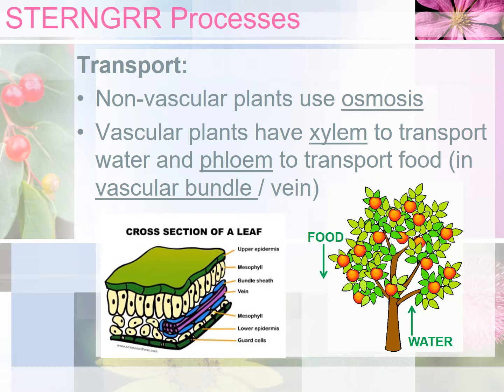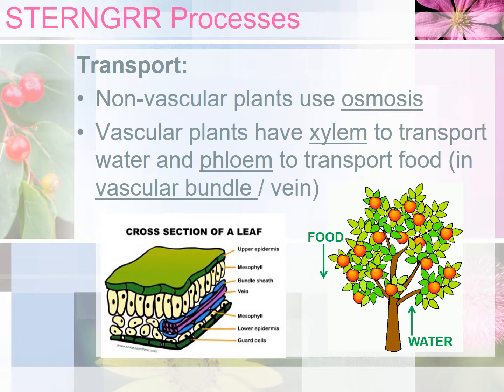Now, vascular plants, they have what's called xylem and phloem. Okay, xylem transports water, and phloem transports food. I remember this because phloem sounds like it starts with an F, so phloem and food. And xylem transports water, and this happens in the vascular bundle or the vein.